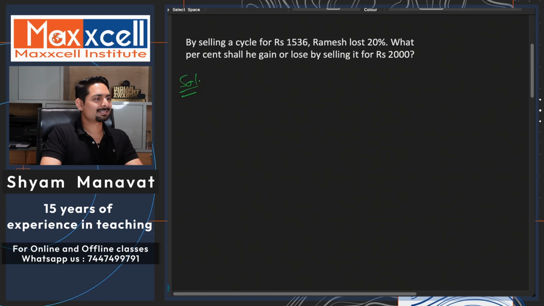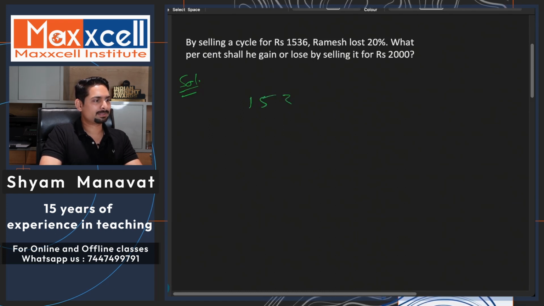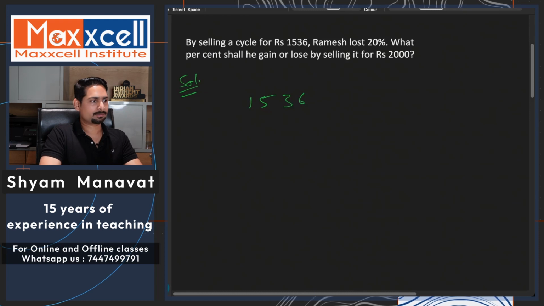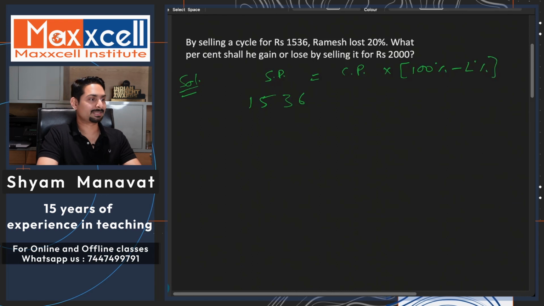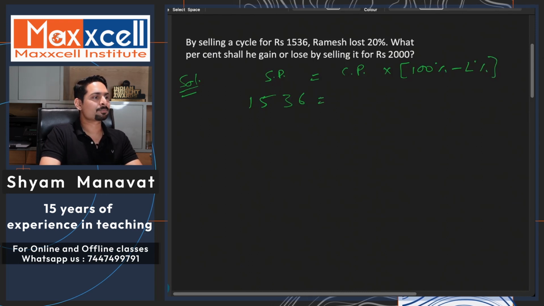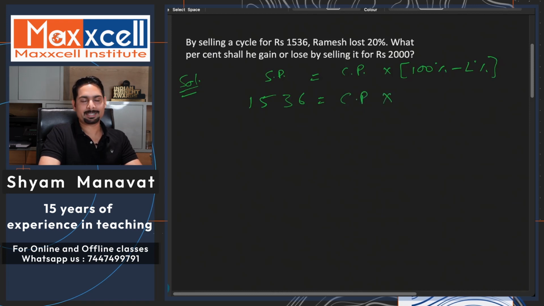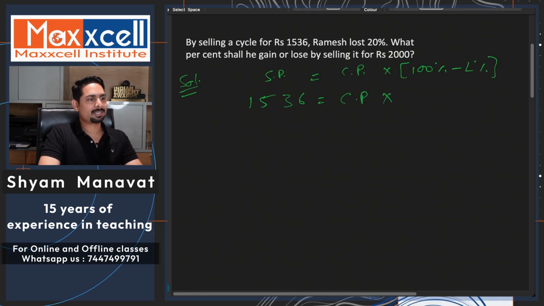Now 1536 is the selling price. What's the formula? Selling price is equal to cost price into 100 minus loss percent, because for loss we should decrease. So this should be equal to cost price, which we need to find out, multiplied by 100 minus 20, which gives 80%.